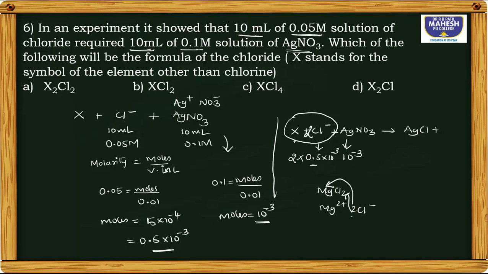Let us use the same skill here to solve it. This 2 indicates the charge present on X, that is 2 plus, and the number of Cl minus ions. So when I write the formula, it is going to be XCl2, just like magnesium chloride. Our answer is going to be XCl2, option B.